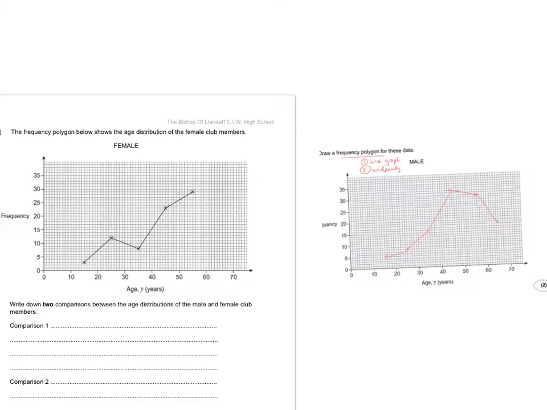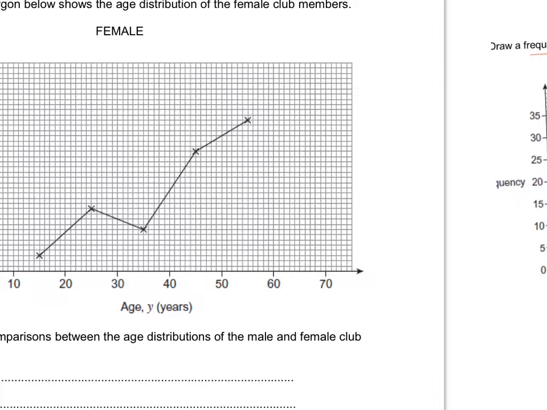Now, when you're looking at making comparisons of the data, the things that you want to be talking about are like modal class and maybe the range. They would be the best 2 ones to go for. Okay, so in terms of the female members, let's have a look at their range. 15-ish. Remember, this could be anywhere between 10 and 20 to 55.